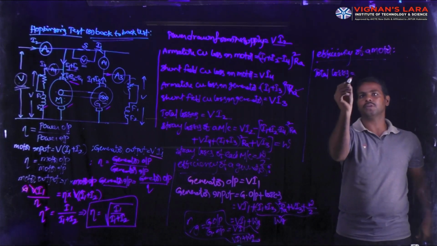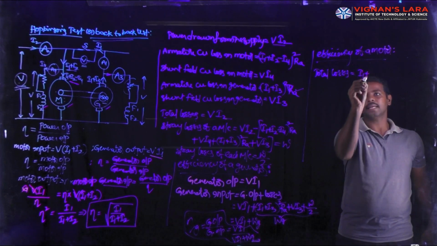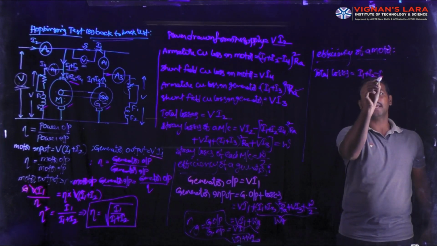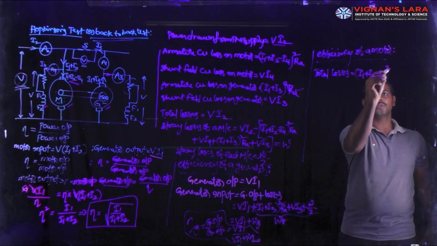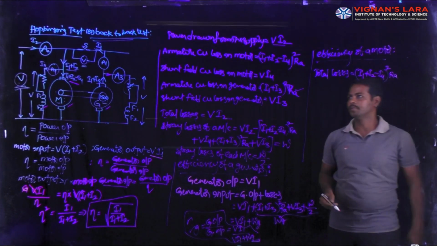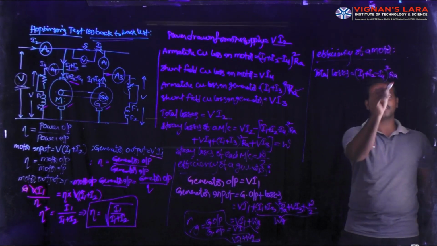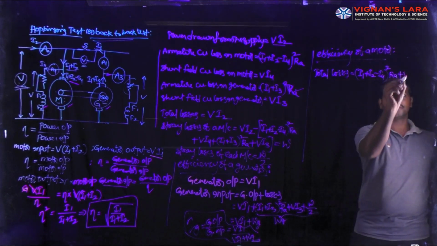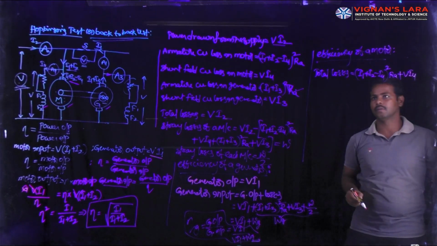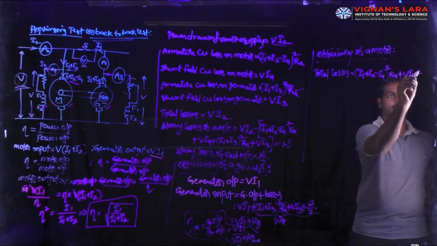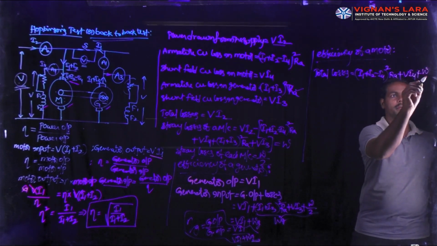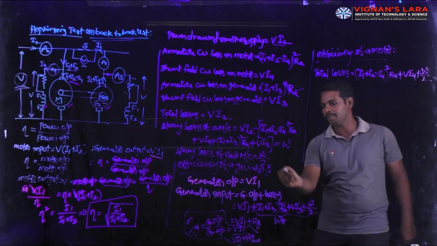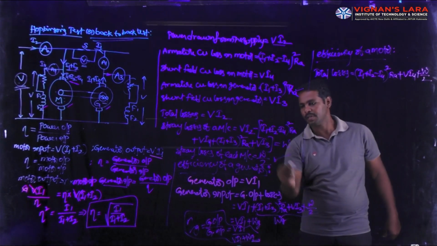So (I1 plus I2 minus I4) whole square into RA is the armature copper loss, plus V into I4 is the shunt field copper loss of the motor, plus W divided by 2, the stray losses of each machine.